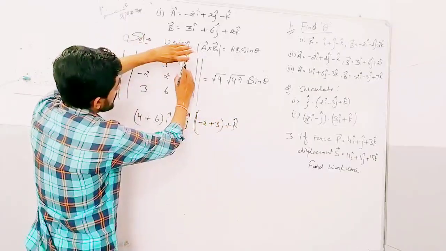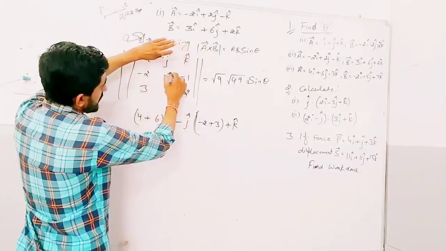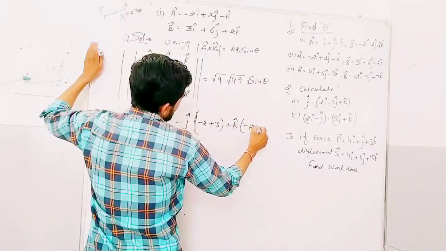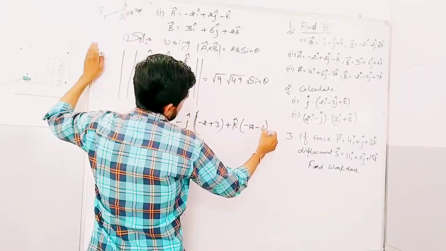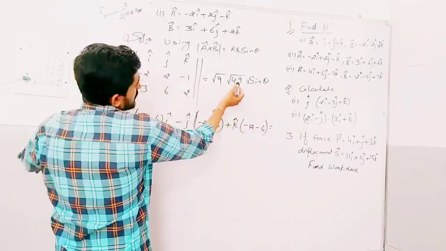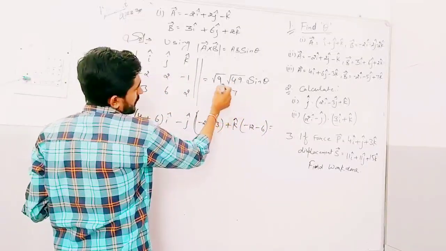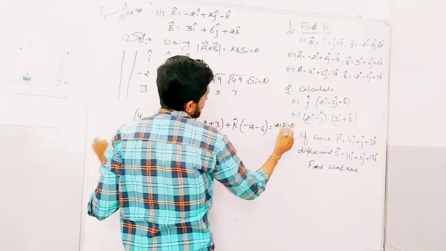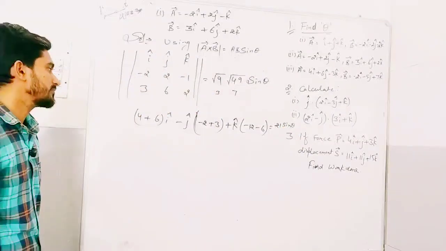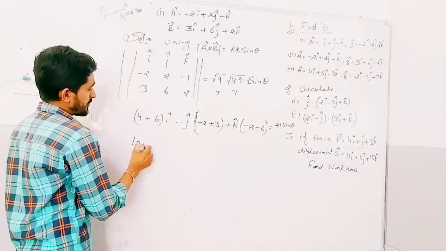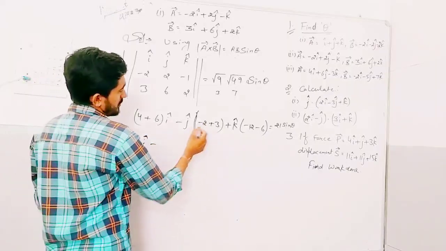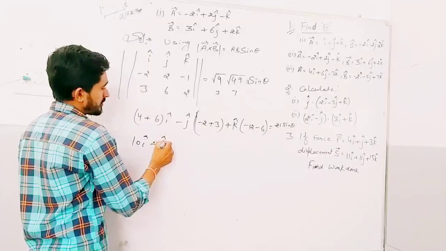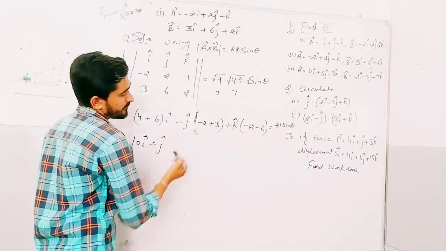K cap gives -12 minus 6. This gives 7, this is 7 and this is 3, so this is 21 sin theta. Now 10 i cap minus j cap.